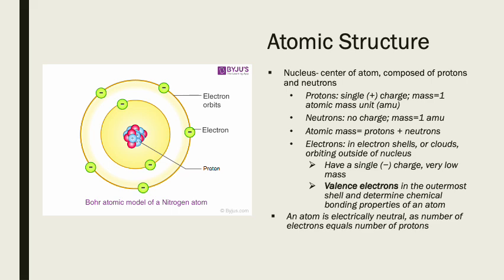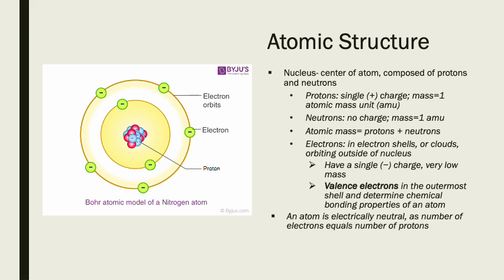Okay, as an atom sits on the periodic table, it's going to be electrically neutral. So it's not going to have a positive charge or a negative charge, but it's going to have positive and negative subatomic particles. They're all going to have protons and electrons, but it's not going to have a charge. And that happens because all atoms that are on the periodic table are neutral because they have the same amount of protons as electrons.